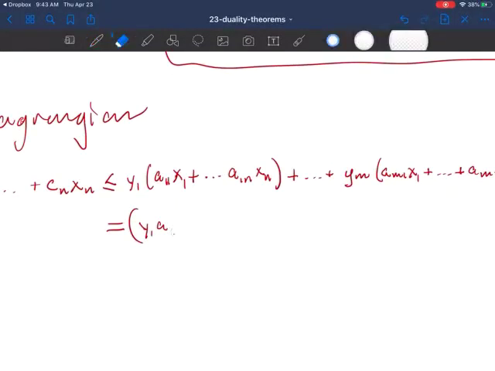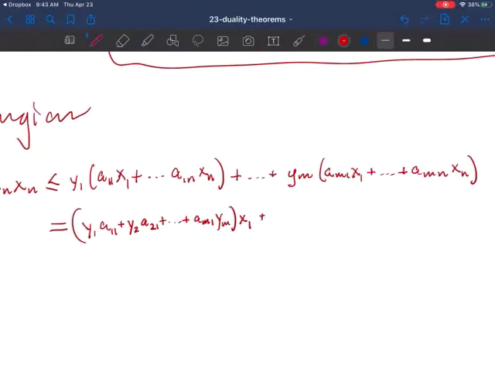So here it's y1 a11 plus y2 a21 plus dot dot dot plus am1 ym, and that's all multiplied by x1.